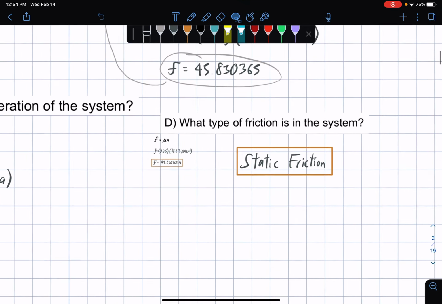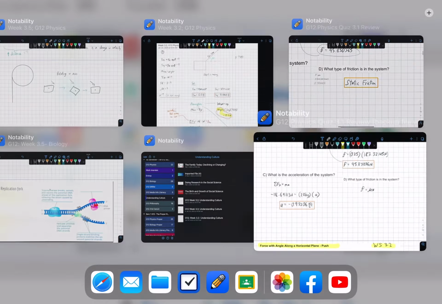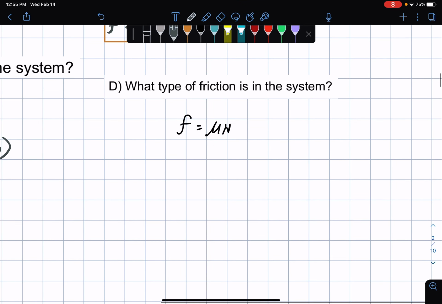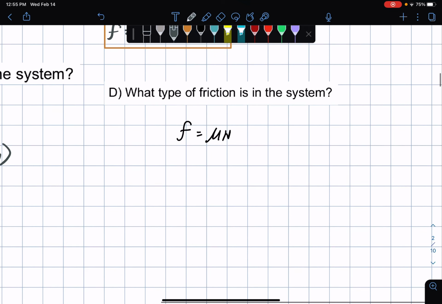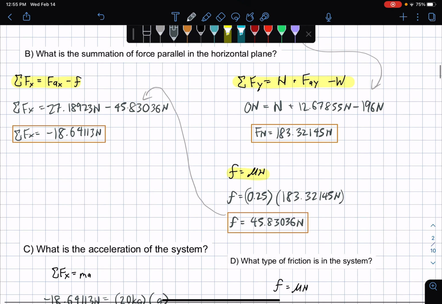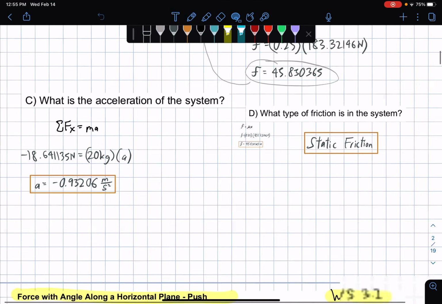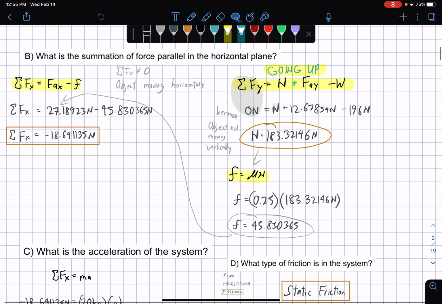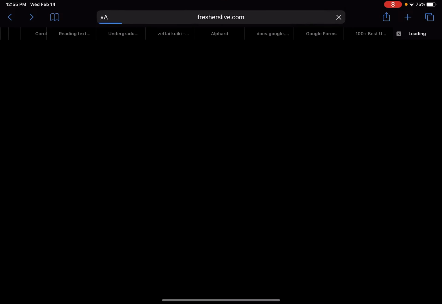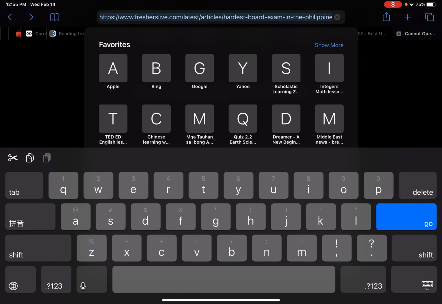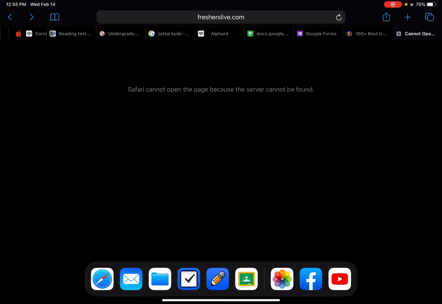Well, anyways, let's go for letter D. What type of friction is in the system? Well, there's nothing to solve here, but it is known that we have two types of friction. Where is the reference though? I remember searching that before. Okay, wait a minute.